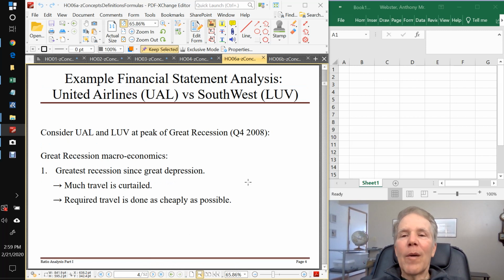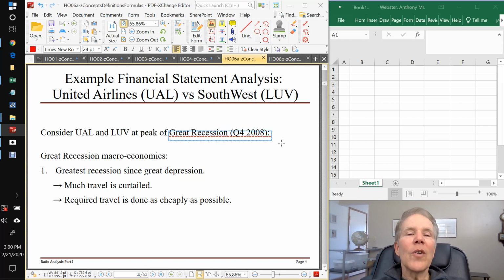Okay, so we were looking at this methodology through the prism of comparing United Airlines to Southwest in the Great Recession, right around the peak, right? We know that the middle of March was the actual nadir, but things were pretty bad in Q4 2008.